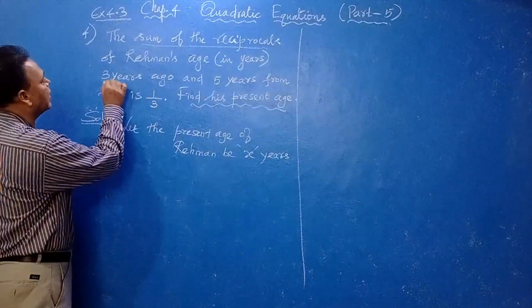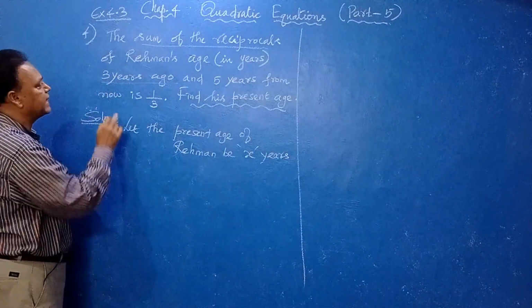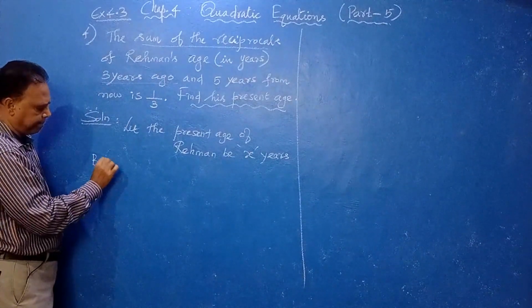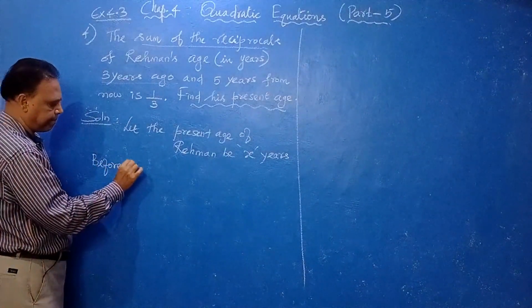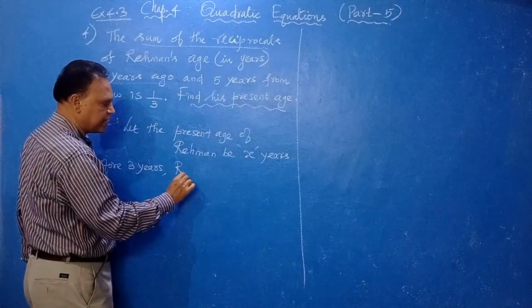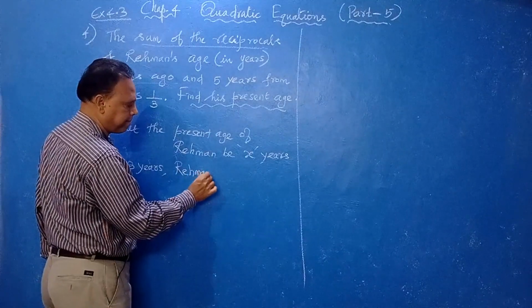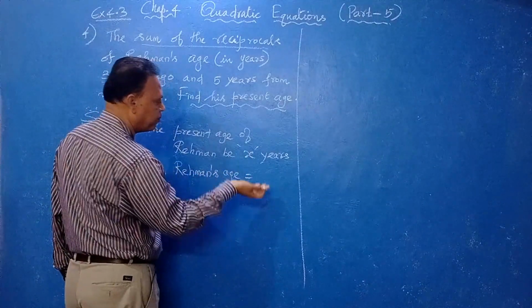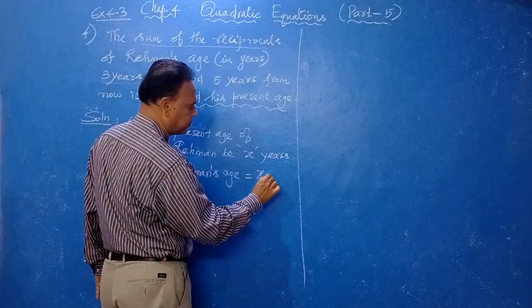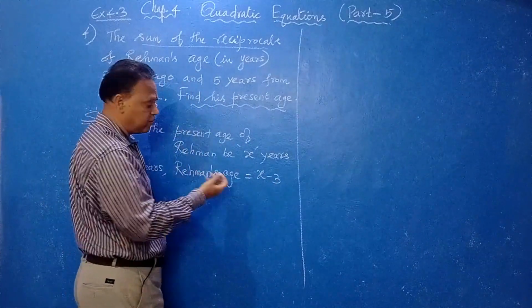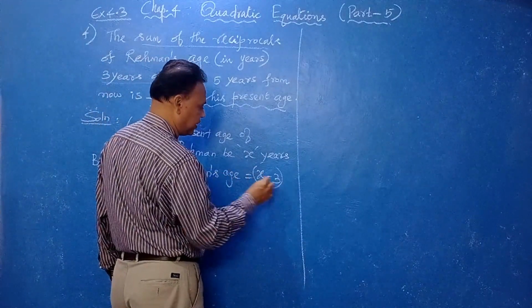Now come to the condition. 3 years ago means before 3 years, so you subtract 3 years from the present age.